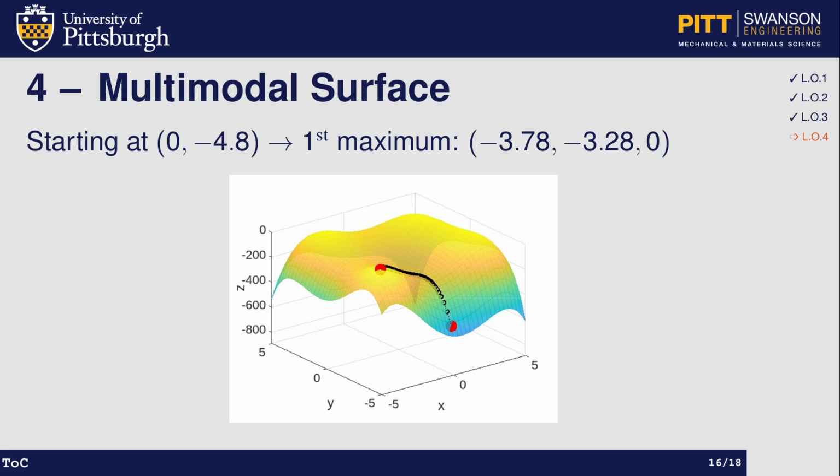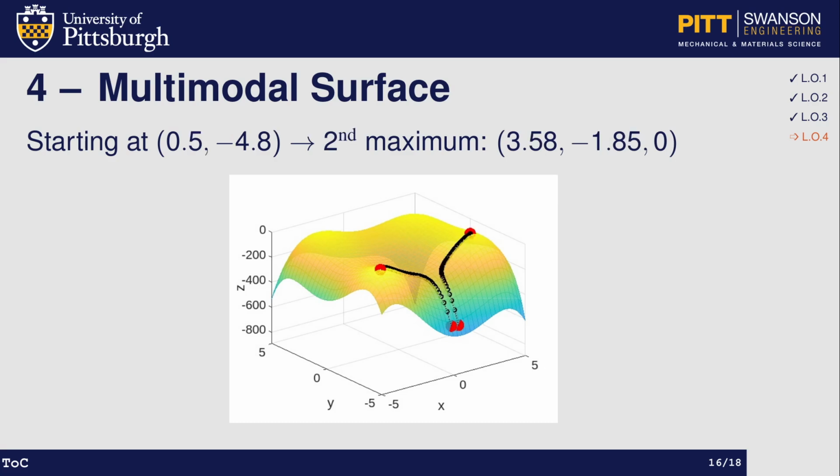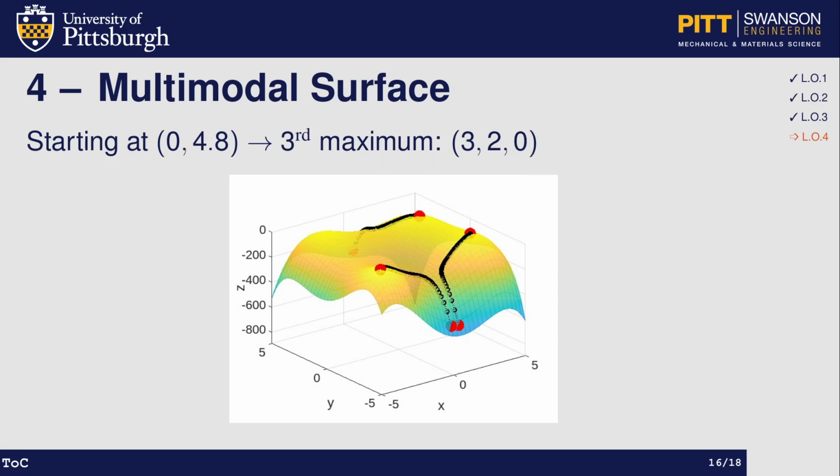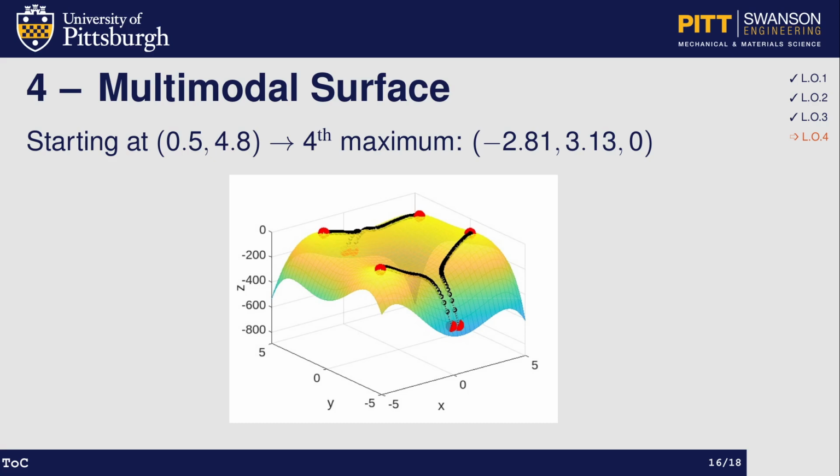But if we shift our starting point by just 0.5 in the x direction, we actually converge to the other maximum. And then if we switch sides of the surface, we see that we converge to a third maximum. And again, in this case, if we shift back over, we make it to the fourth maximum point.